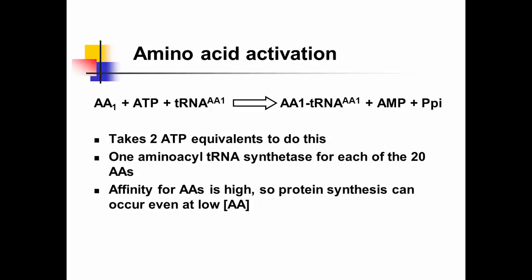And this enzyme's affinity for amino acids is high. That means that even when we have low amino acid levels, the enzyme activity is still high, so it is able to activate the amino acids for protein synthesis, right?